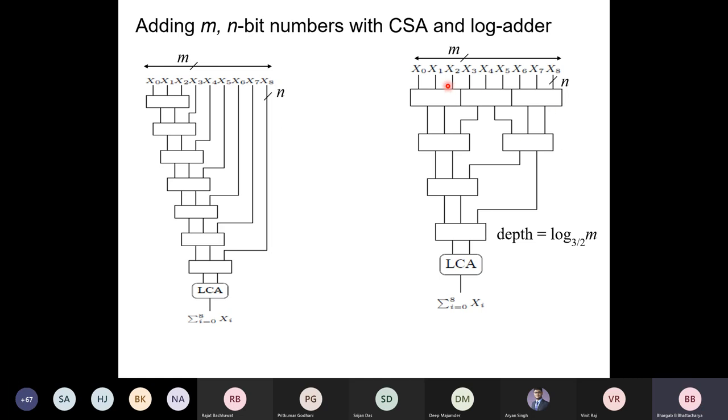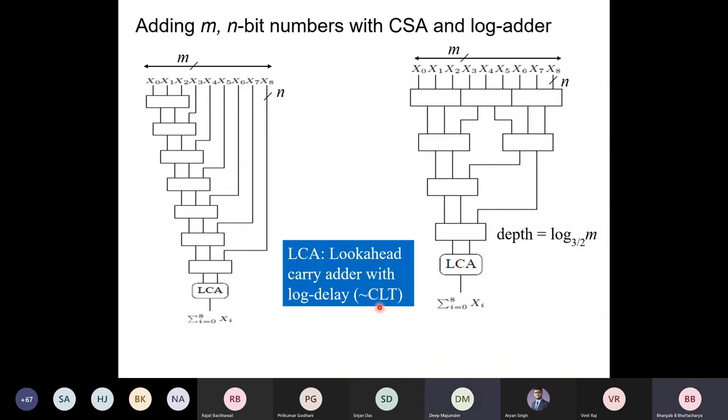But instead, I have these m inputs. I am taking three of them together and trying to make this tree. I group them three, and then each of them produces two outputs. And again, I make groups of three and keep on doing this. So what is the depth here?